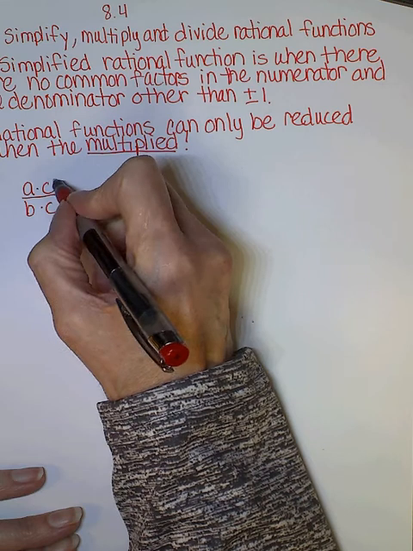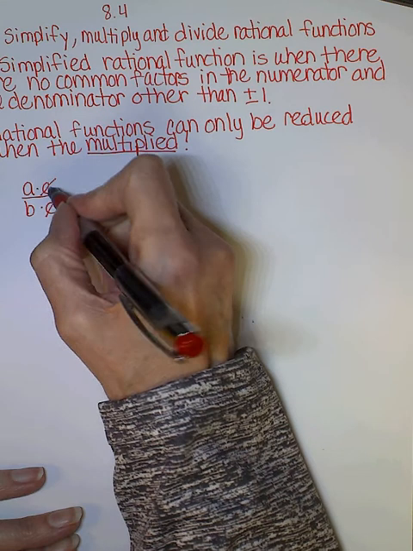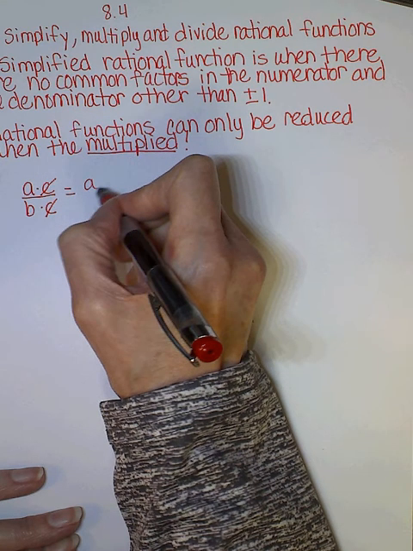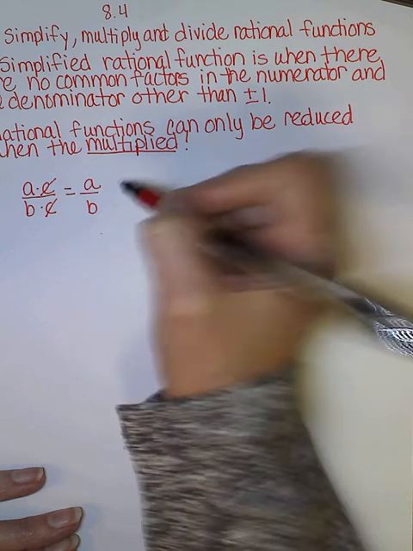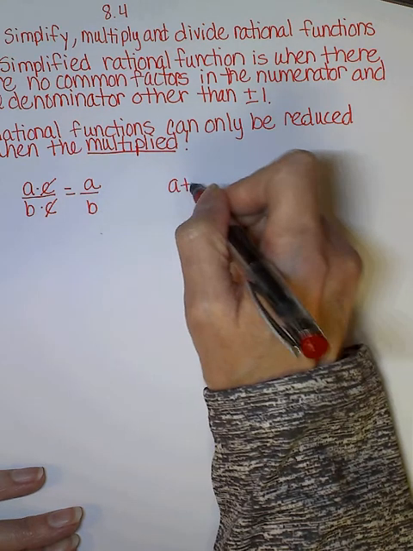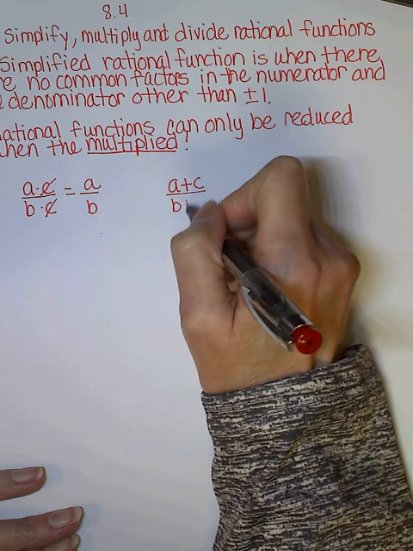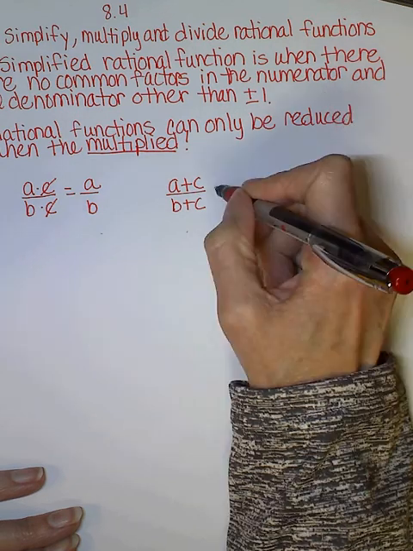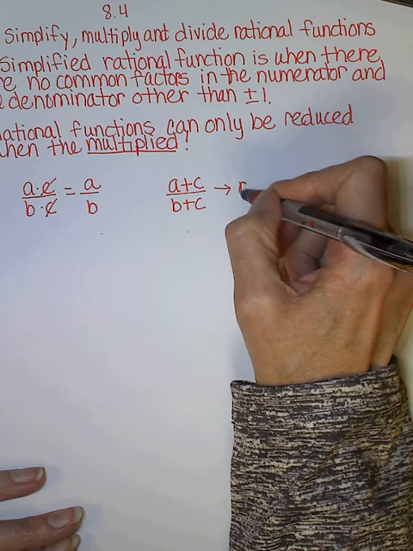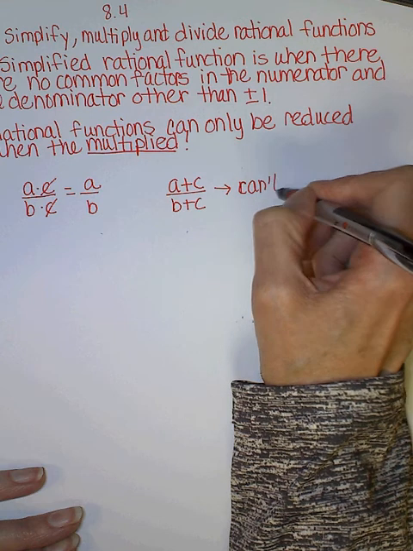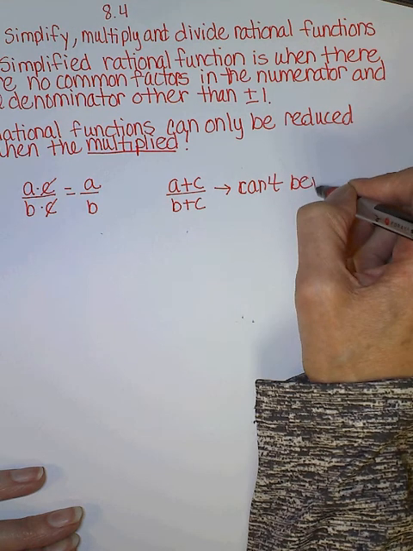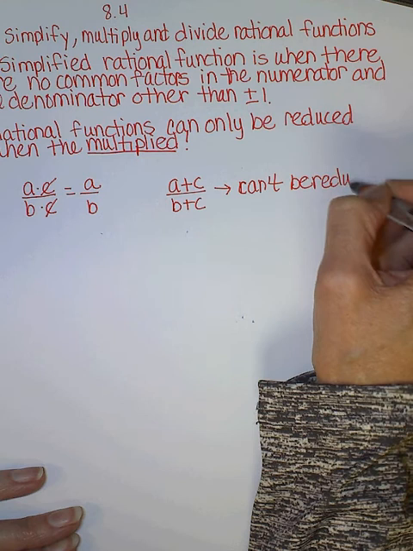I can reduce these C's because that's just the number 1, and that would equal A over B, as opposed to A plus C over B plus C, which can't be reduced. Okay, so be careful here. This is where most of the trouble comes in for students.